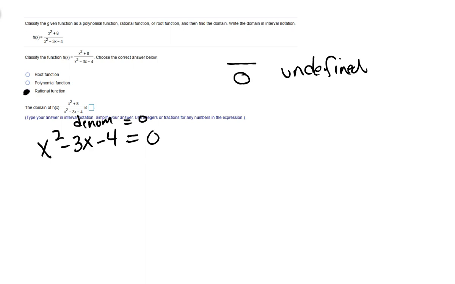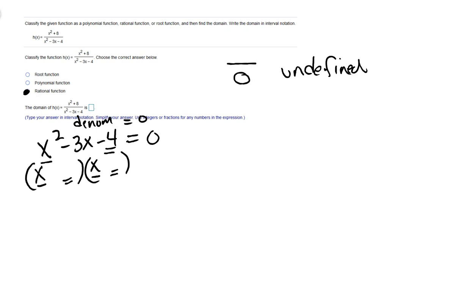So this is a quadratic equation, which I can solve by factoring. We factor. The numbers that go here and here need to multiply to be x squared, so that's going to be x and x.